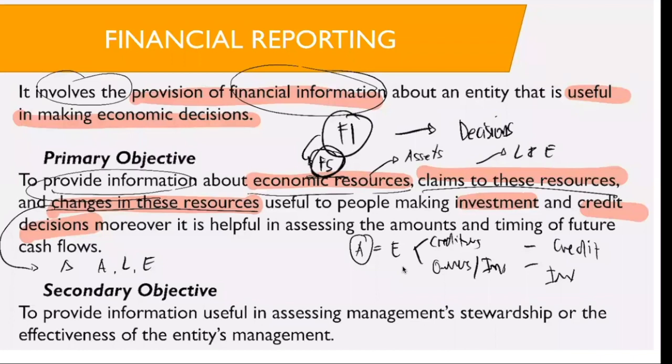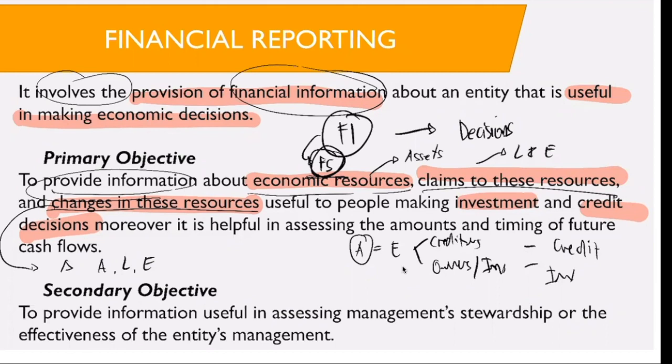So again, when we talk about the primary objective, it is derived primarily from your definition of financial reporting. If we look into the definition again, it is the provision of financial information for economic decisions. If we look into your primary objective, it is the provision of information to make decisions.